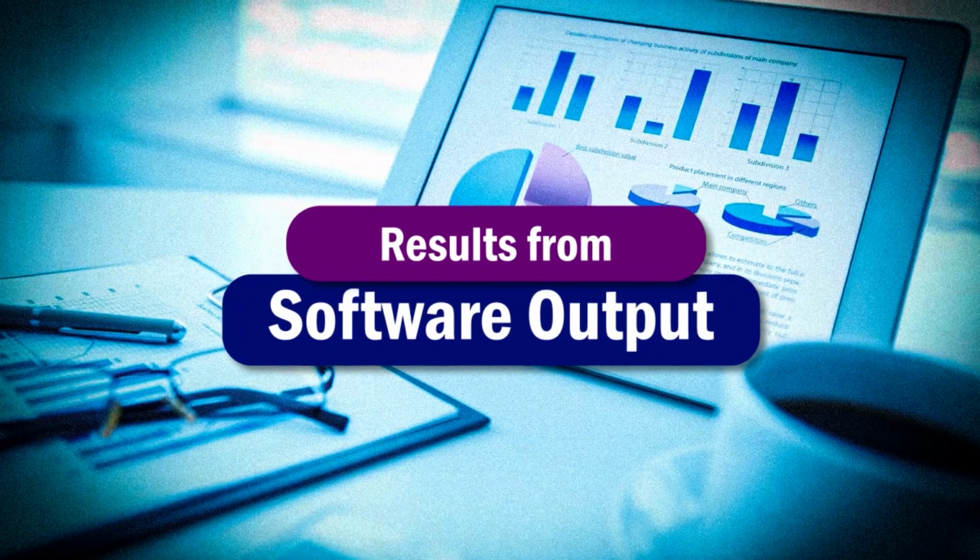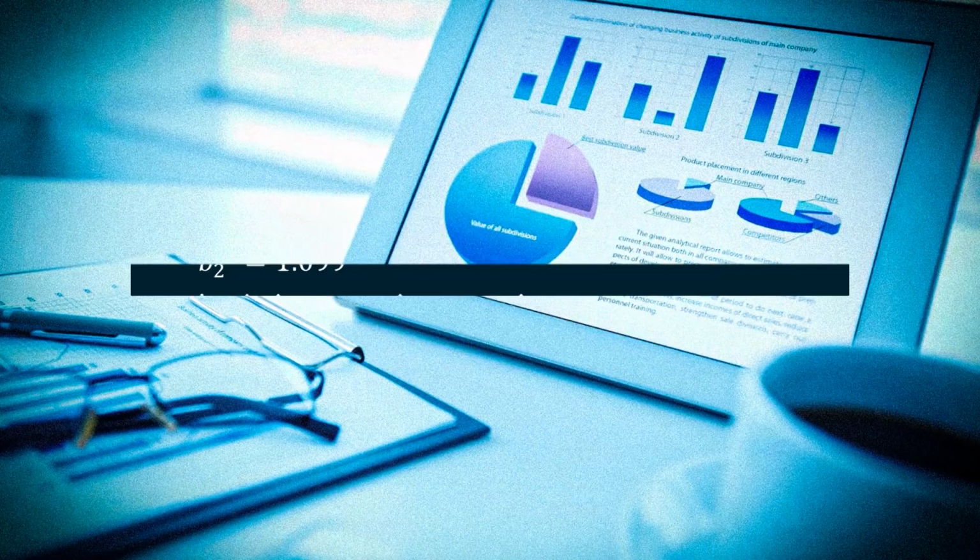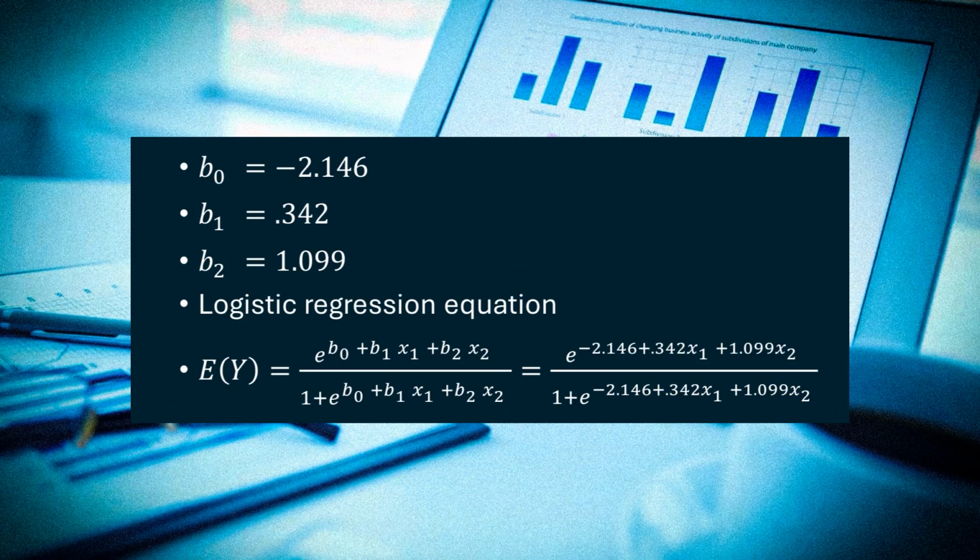And when we put this data into computer software like SPSS, Minitab, SAS, R, any of the software, we'll get the results. So we have pulled out the results from there. We got b0 as minus 2.146, b1 as 0.342, b2 as 1.099.